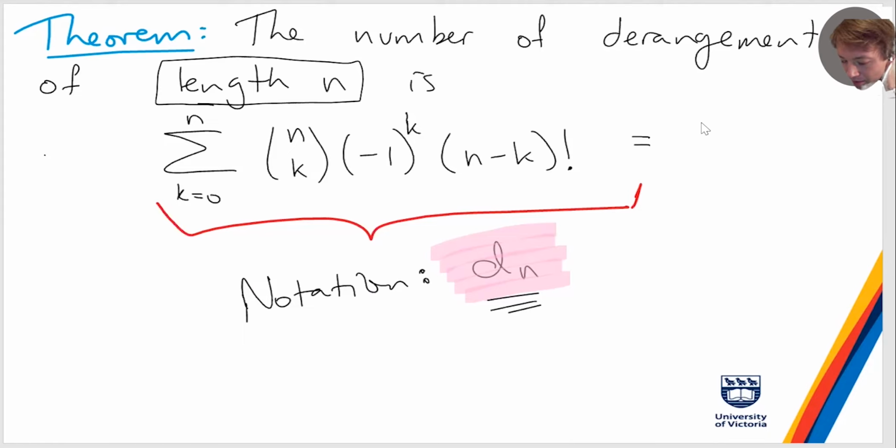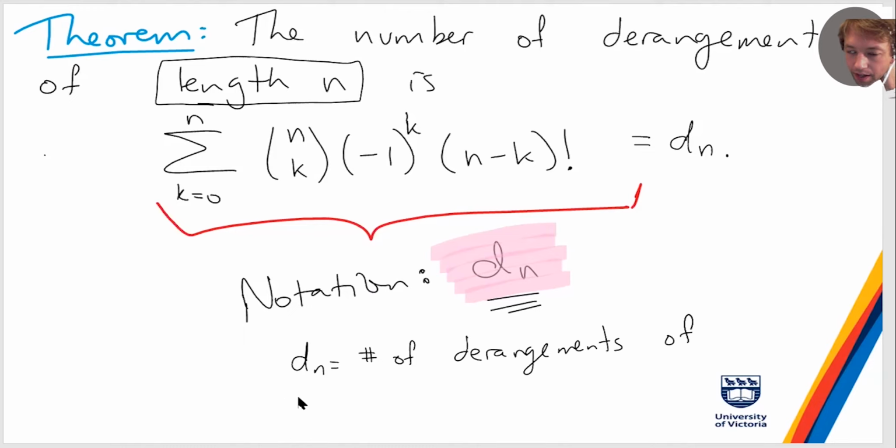Remember, we gave some notation for the surjections, which was S(n,m). The notation we'll use here is D_n, so D_n equals the number of derangements of length n. Is this clear? Right now this is just a statement. I haven't proven it, but we will prove it.